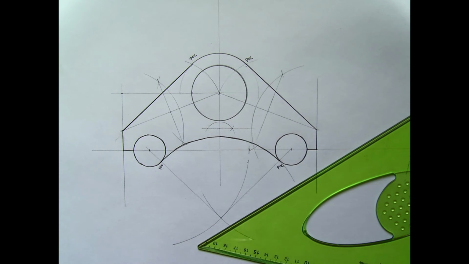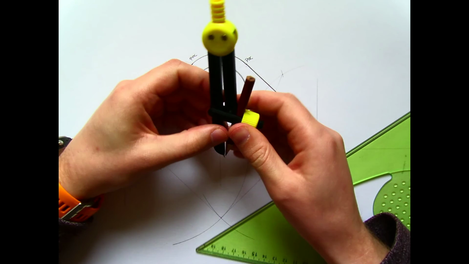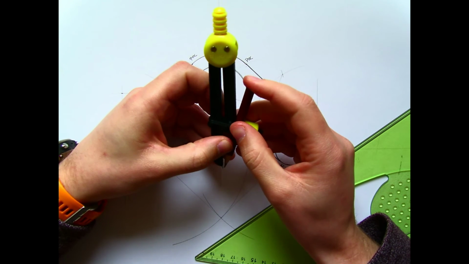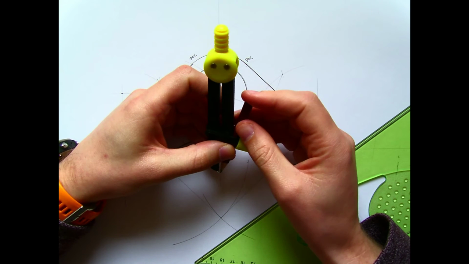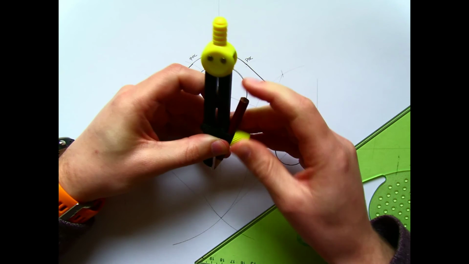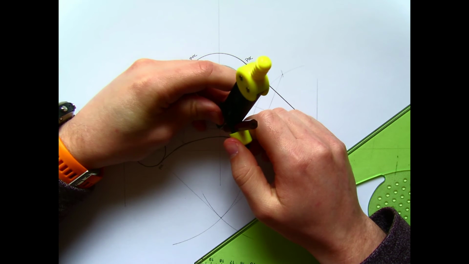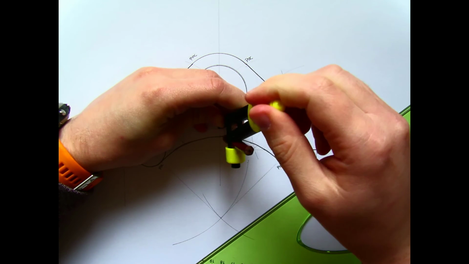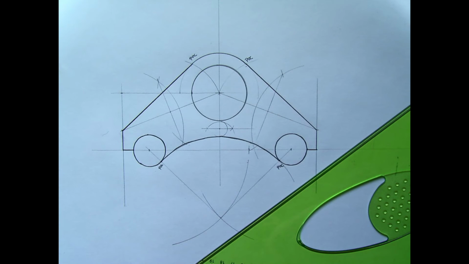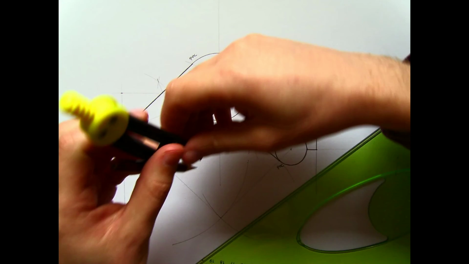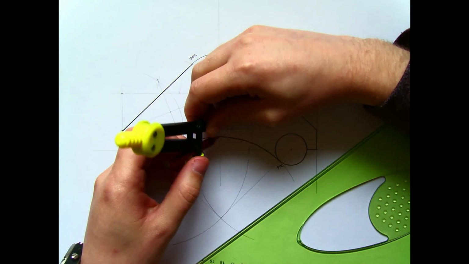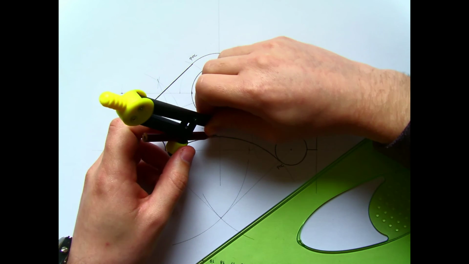So now all I need to do is set my compass to draw the circle. As the circle is quite small, take your time with it. It's quite a tricky one to draw.